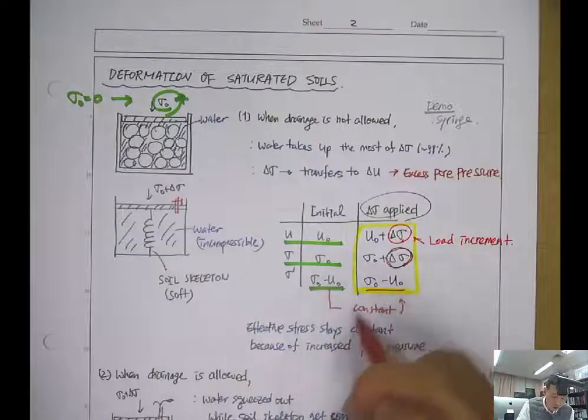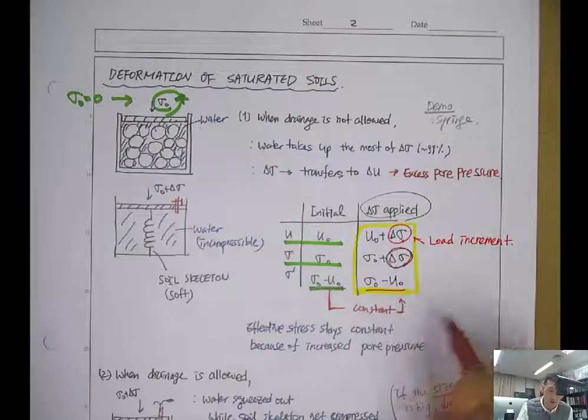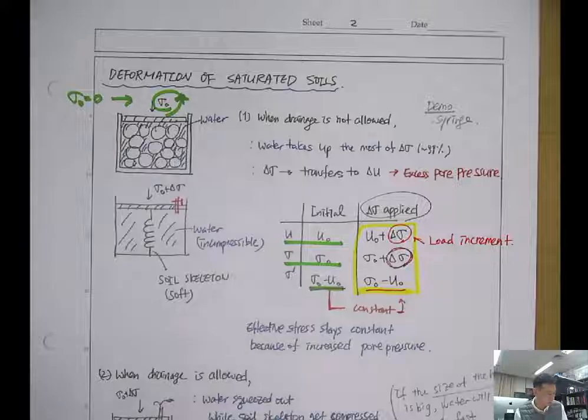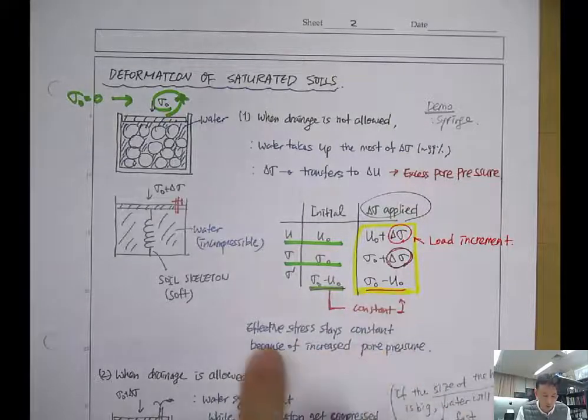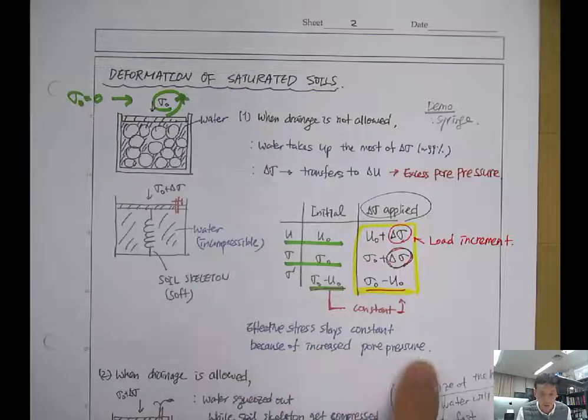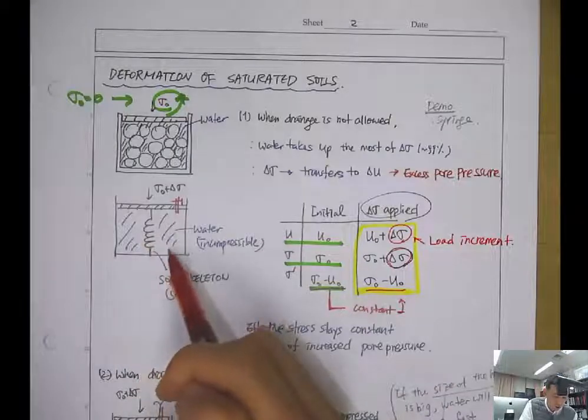So here and here you can see that the pore water pressure is still constant. So the effective stress is constant. So effective stress stays constant because of the increased pore water pressure. So you can think of this case.